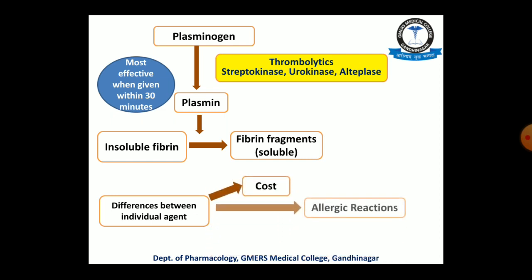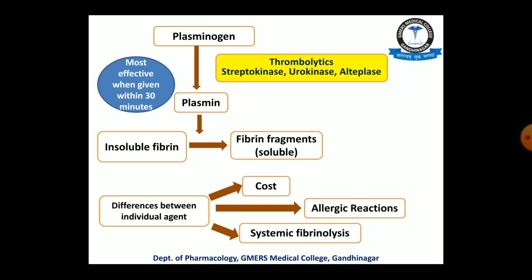Second, allergic reactions. As streptokinase is derived from beta hemolytic streptococci, the chances of allergic reactions are definitely more, while they are least with the recombinant tissue preparation. And third, but very important, is systemic fibrinolysis. Because if you look at the mechanism of the thrombolytics carefully, they simply cause fibrinolysis.